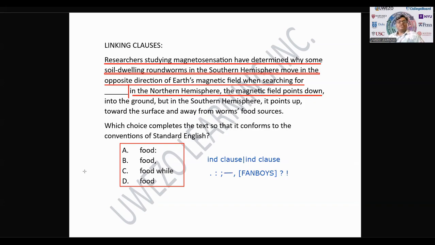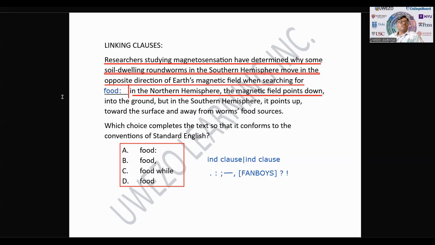Option A is using food and a colon. So if we put food here and put a colon, in this case, we are connecting two independent clauses using a colon. That makes sense. So we'll hold on option A.